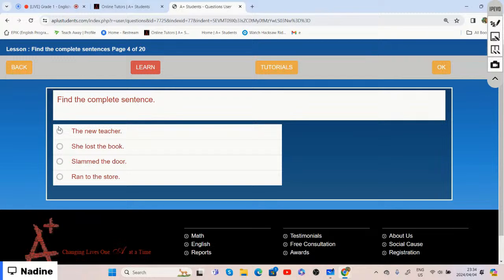And if we select the complete sentence, we can say she lost the book.